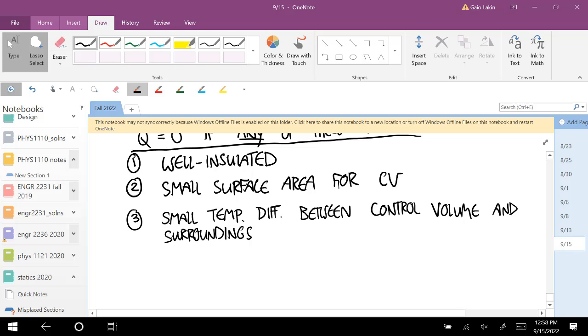And the fourth one is if the material is moving fast through the control volume. If it spends little time in the control volume, then it just doesn't have enough time for conduction to happen.